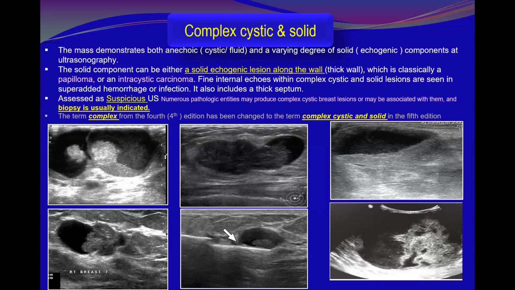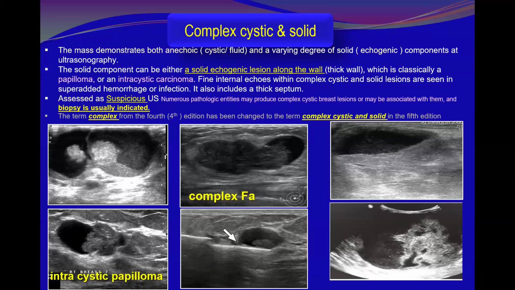And if we see fine internal echoes, it is suspicious for hemorrhage within these lesions. This descriptor is suspicious for malignancy. It is BI-RADS 4, and we have to recommend biopsy.